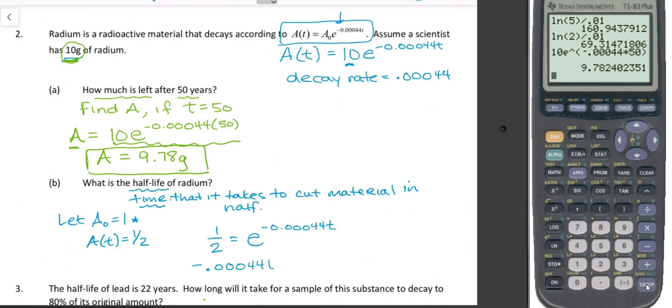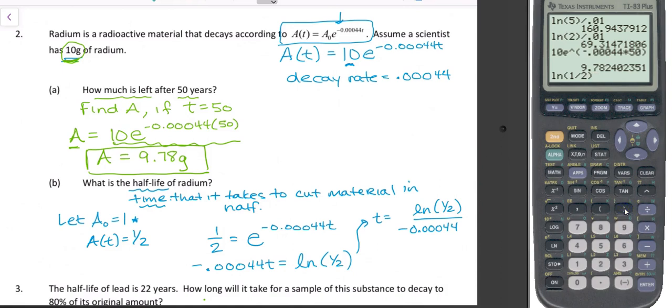So it's my exponent that equals my log, and my argument is 1/2. So that means T is going to be whatever the natural log of 1/2 is, divided by negative 0.00044.